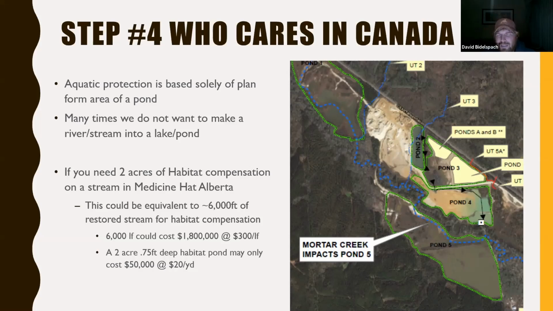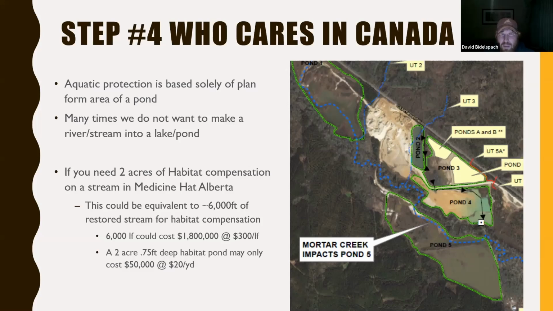Well, we know that that's a major impact, and it's something that you'd be in violation for in the United States. But in some places where they're doing habitat compensation, you can actually use a big pond as habitat compensation, even though it's over wide or doesn't really make sense. So that's kind of what we're looking at.